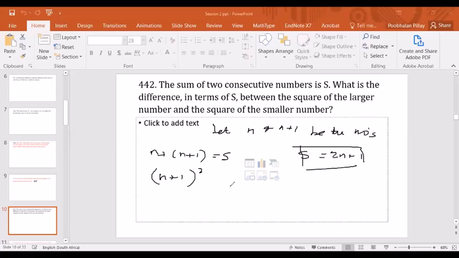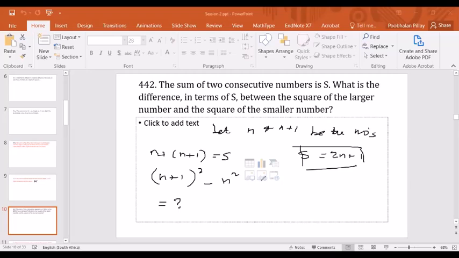is n plus 1, and the square of that is n plus 1 all squared. You want the difference between that square and the square of the smaller number. The smaller number is n, and the square of that is n squared, and you want to work out the difference. What is this thing here equal to in terms of S? You have to write it in terms of S, maybe 3S, or S over 2, or whatever.